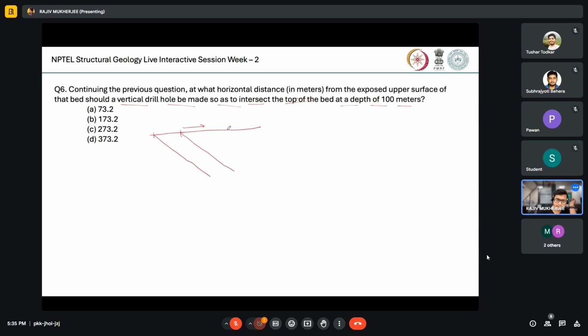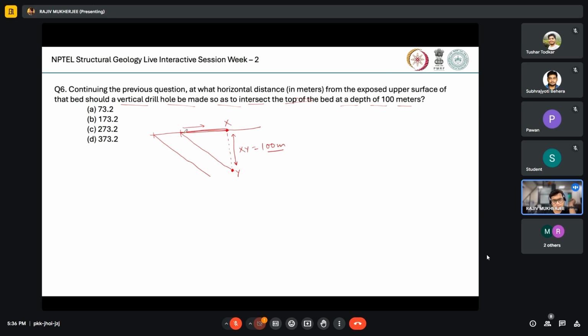So consider that if I am drilling from this point, say this is point X, and I am drilling from here vertically, and I touch the top surface of the bed, say this point is Y, and it has been given that the distance XY is 100 meters. Okay. So from what distance should we start?